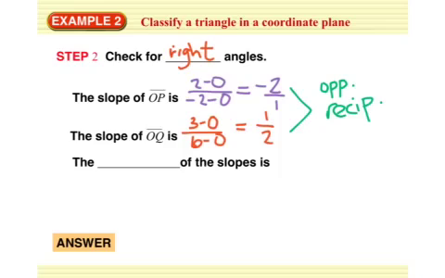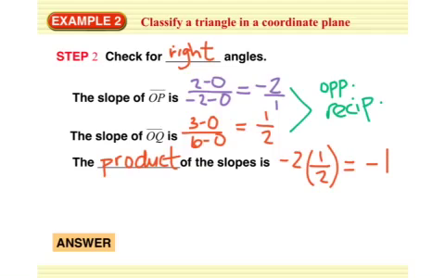Another way to show this is that the product of the slopes, negative 2 times positive 1 over 2, is negative 1.